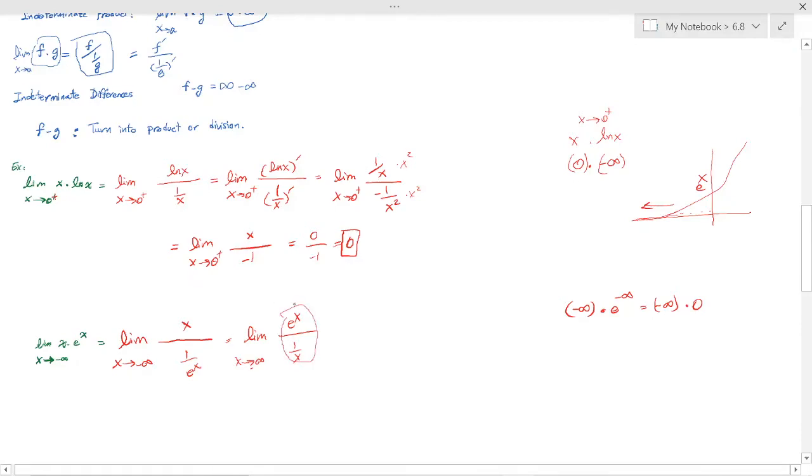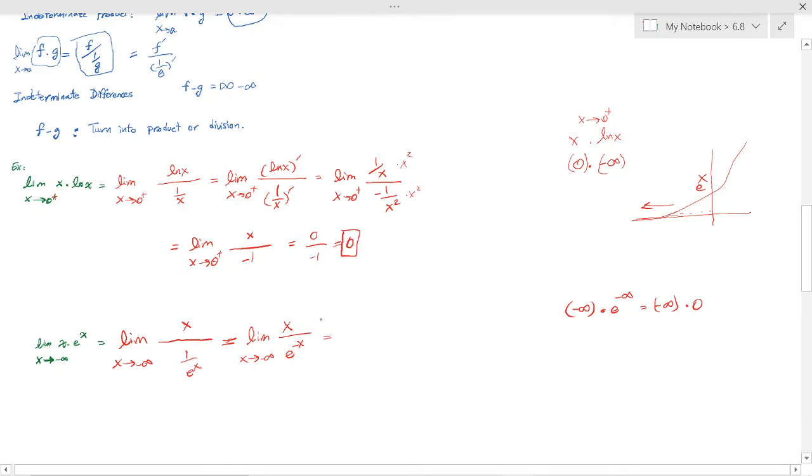It turns out this one looks easier, but it's not true, because you can rewrite it. The limit of x divided by 1 over e to the x is simply x divided by e to the negative x as x approaches negative infinity. Now you compare this with the other format, you'll notice this is much easier.